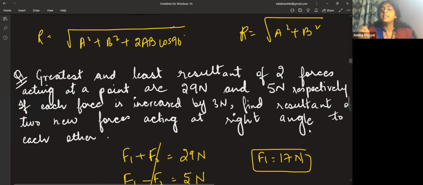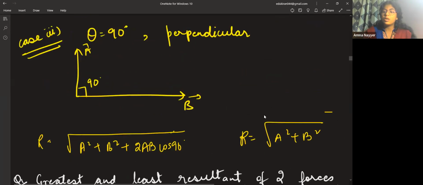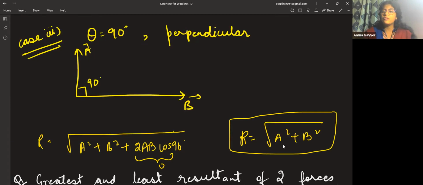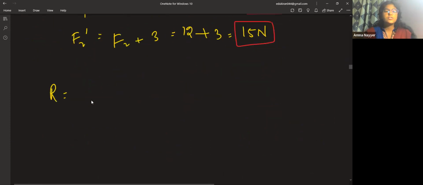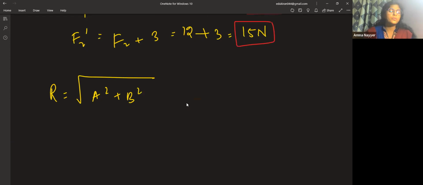Clear till here, we have solved till here. Now it is saying, find the resultant of the two new forces acting at right angle to each other. When two forces act at right angle to each other, what is the formula that we use? Since cos theta becomes 0, we use R is equal to under root A square plus B square.